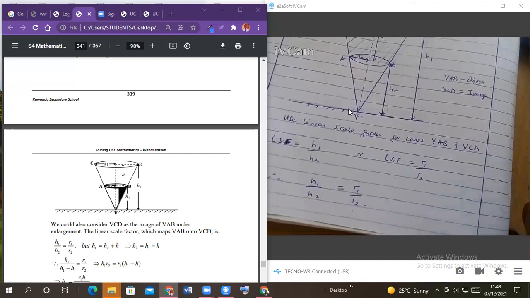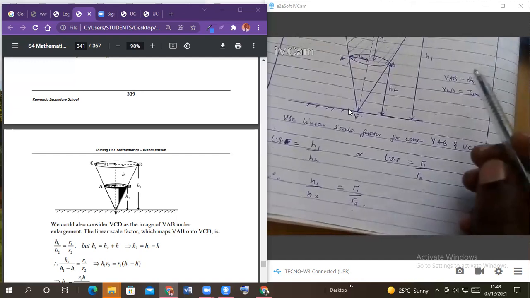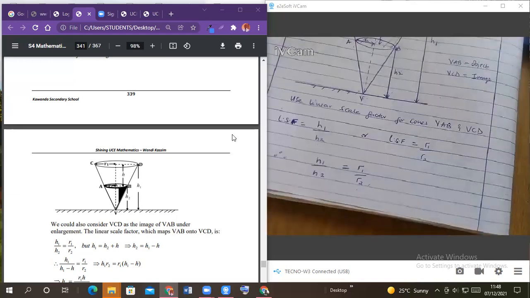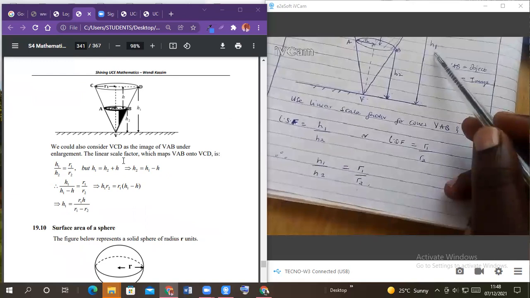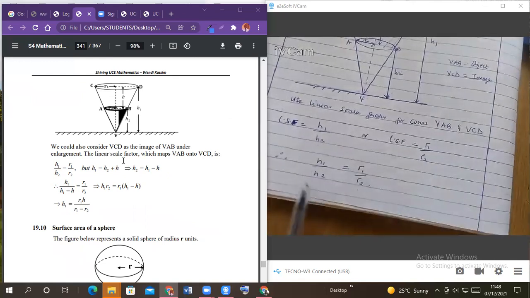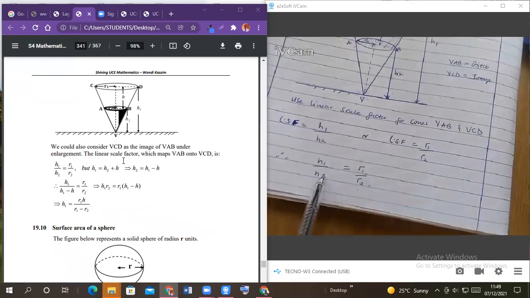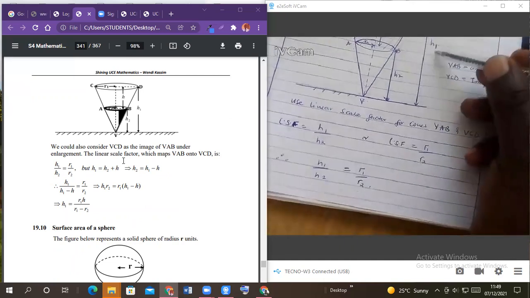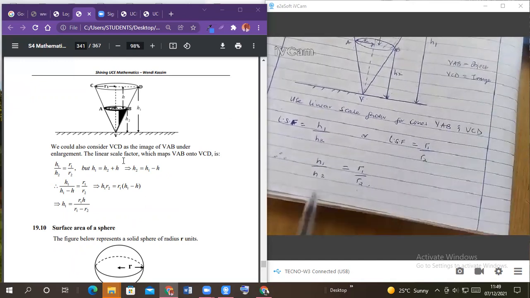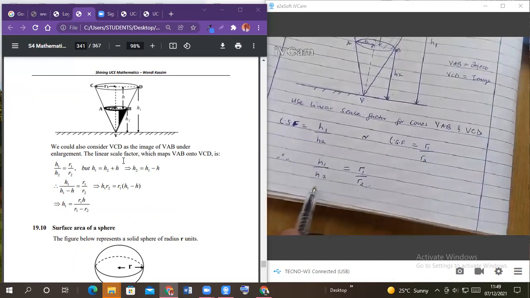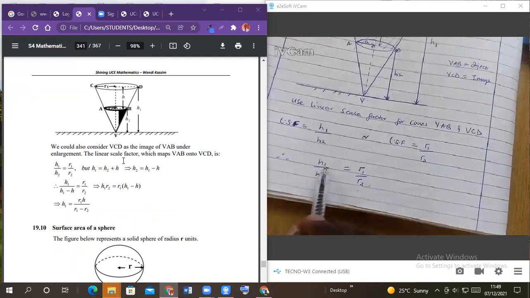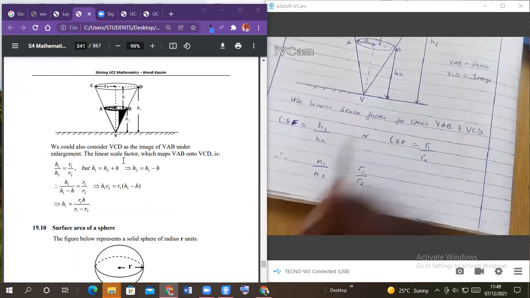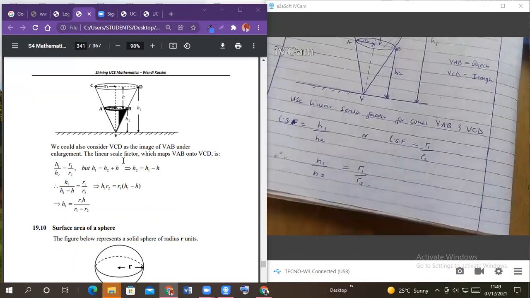So in this case, if h1 is given to you, then make sure that you express h2 in terms of h1. I repeat, if h1 is given to you as a value, make sure that you express h2 in terms of h1.